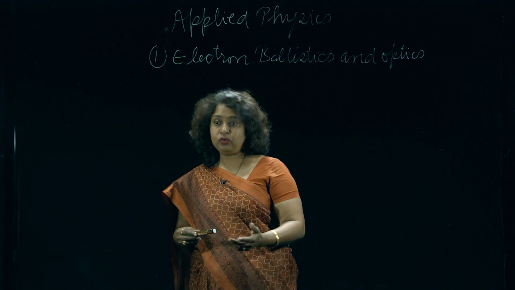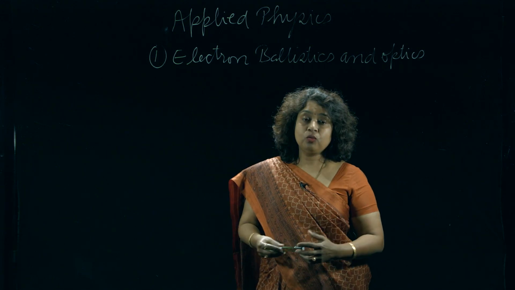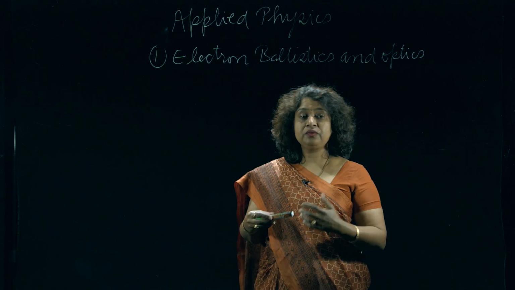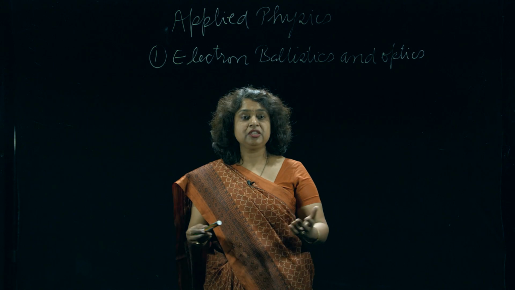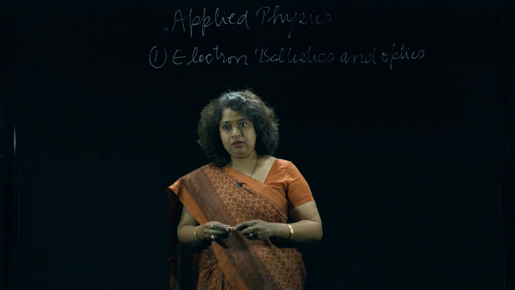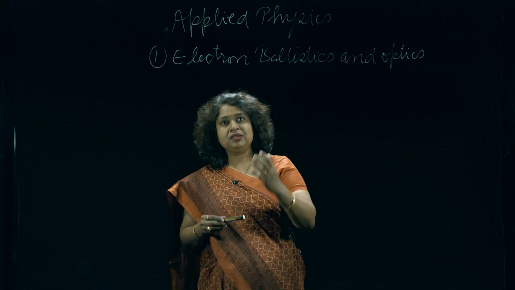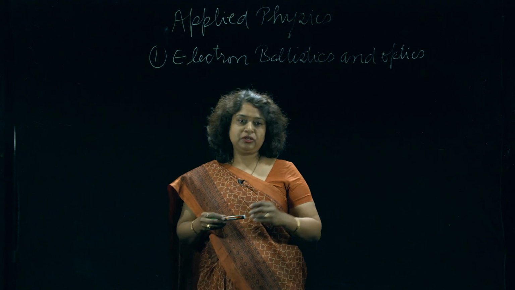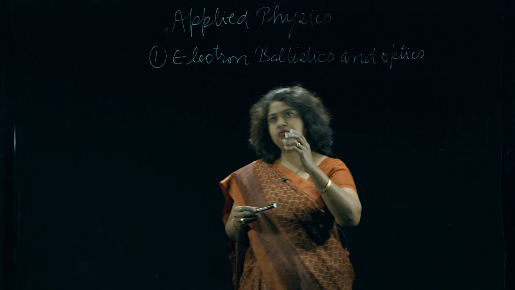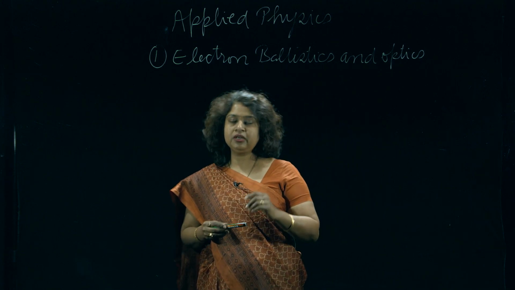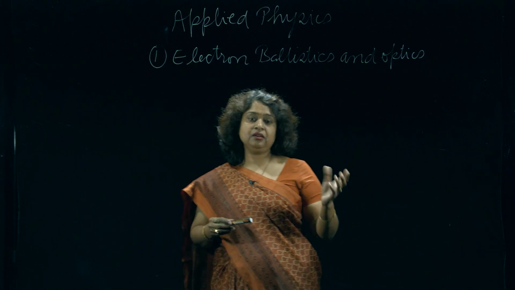So we will be learning what is CRO and what are the applications of CRO, what we can do with the help of CRO, how CRO basically displays the alternating waveforms as it is on the screen. So it is really wonderful to understand the behavior of the electron in the non-uniform electric field and then their relevant application. So the first unit which we will be learning in applied physics is electron ballistics and optics.